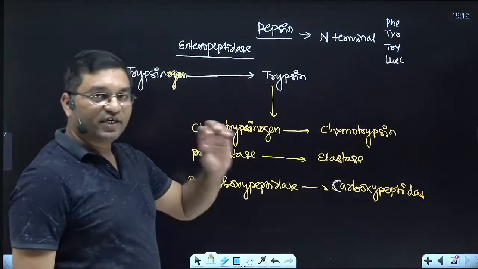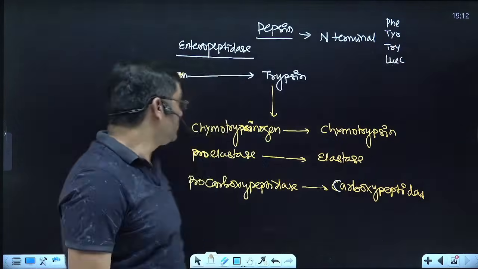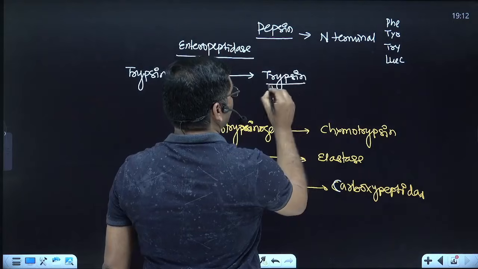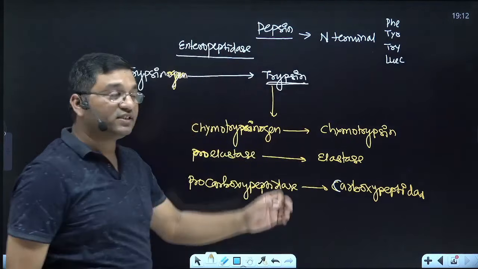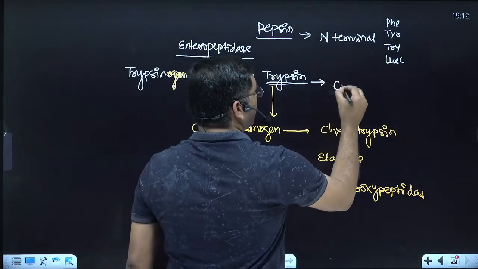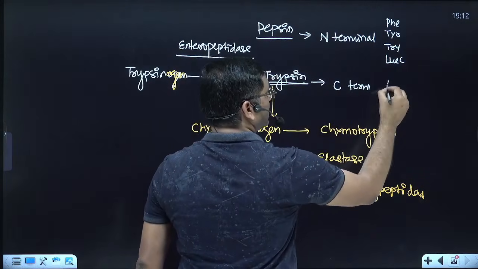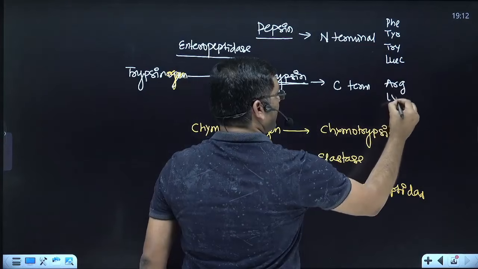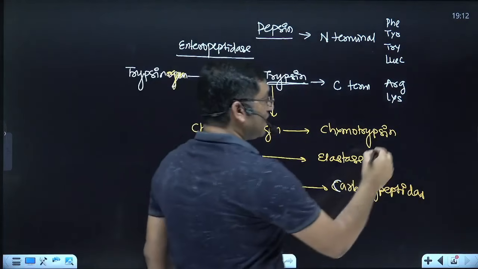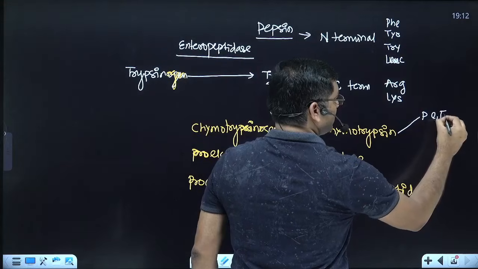The trypsin specifically acts on the peptides which escape digestion from the pepsin. It particularly acts on the carboxyl terminal arginine and lysine. Chymotrypsin will act on the carboxyl terminal phenylalanine, tyrosine, tryptophan.